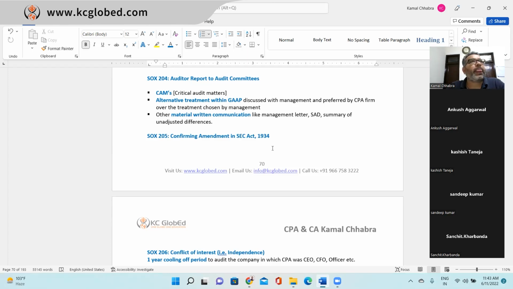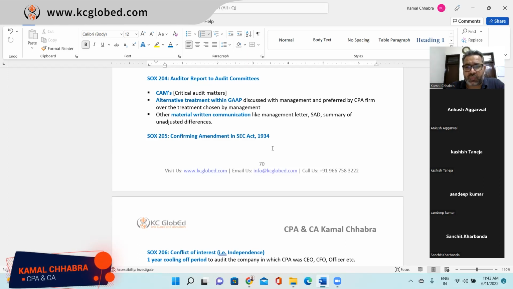CPAs most of the time get confused about which area to consider a significant risk area, which a fraud risk area, and which area needs additional testing. This is a very critical judgment that a CPA needs to form, and a CPA probably requires consultation internally as well, right?